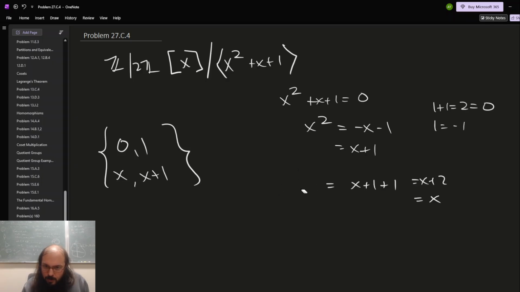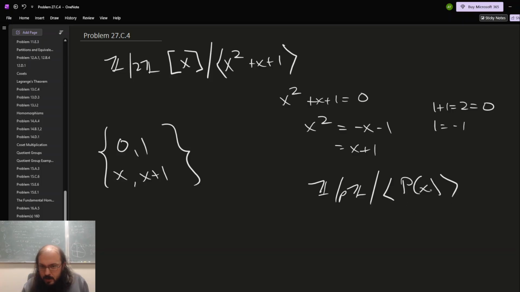The first thing I want to point out is that this will happen in general. So if you have Z mod pZ and you factor out by some polynomial, which we could call big P, whatever the degree of big P is, after making it monic, since you can always multiply through by the multiplicative inverse of the leading coefficient, you'll be setting x to the degree of big P equal to lower order stuff.